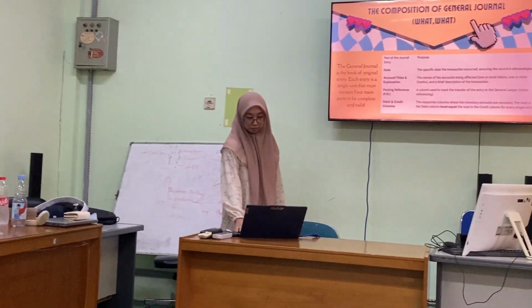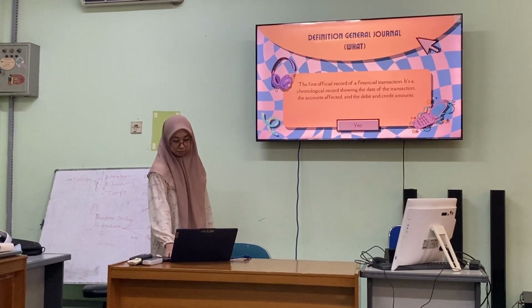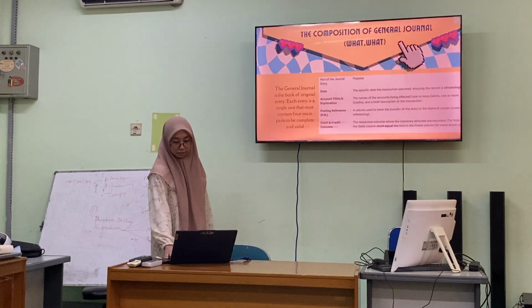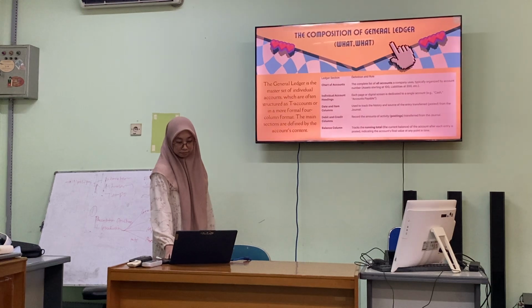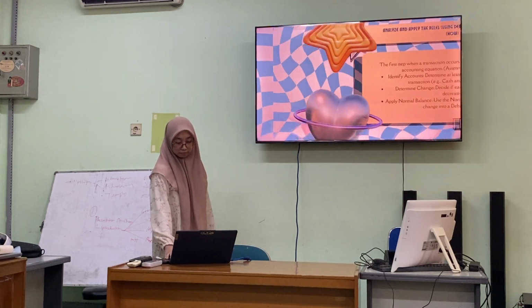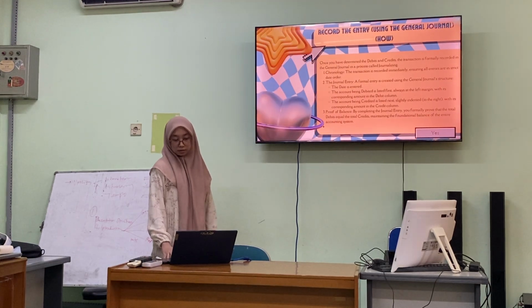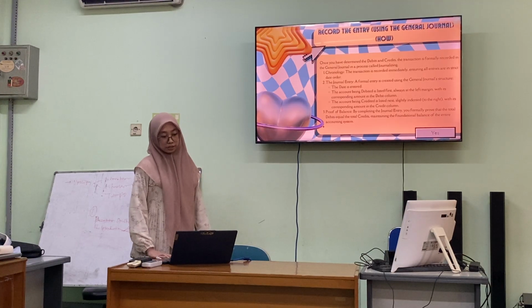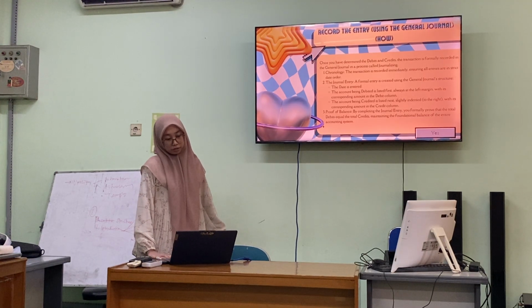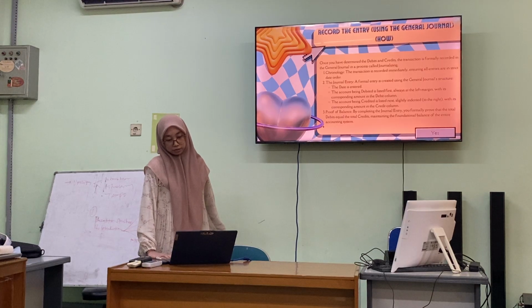My question is, what are the main parts of a journal entry? Thank you. Okay. So, as you can see here, we record the entry by using the general journal.